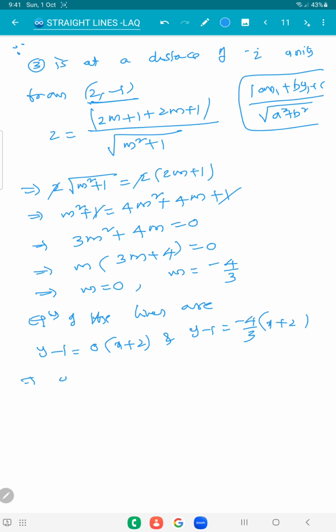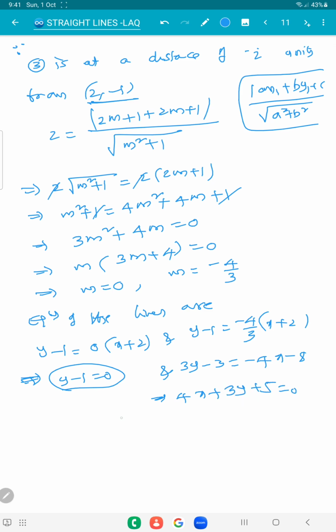So this one is y minus 1 is equal to 0, and this one is 3y minus 3 is equal to minus 4x minus 8. So 4x plus 3y plus 5 is equal to 0. So we are done with this equation. So yeah, these are the problems which are very important.